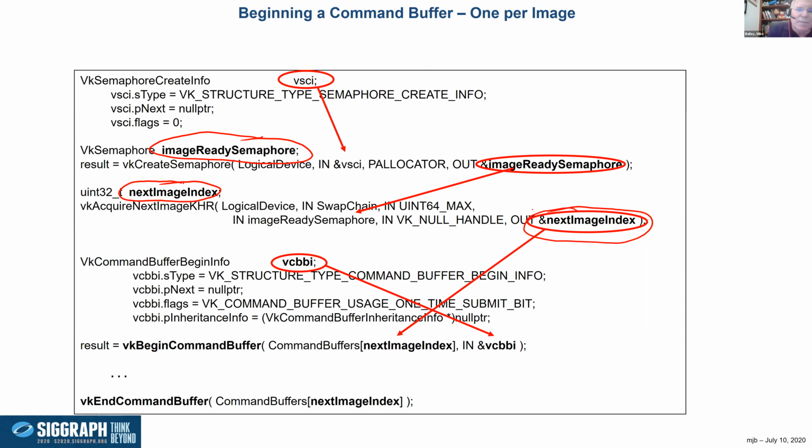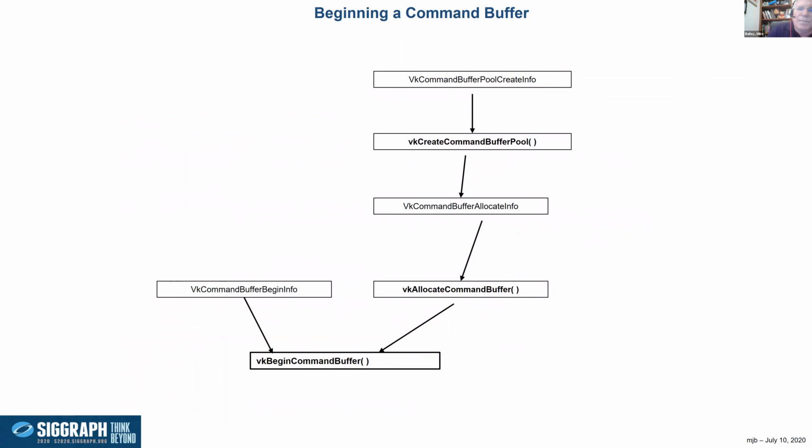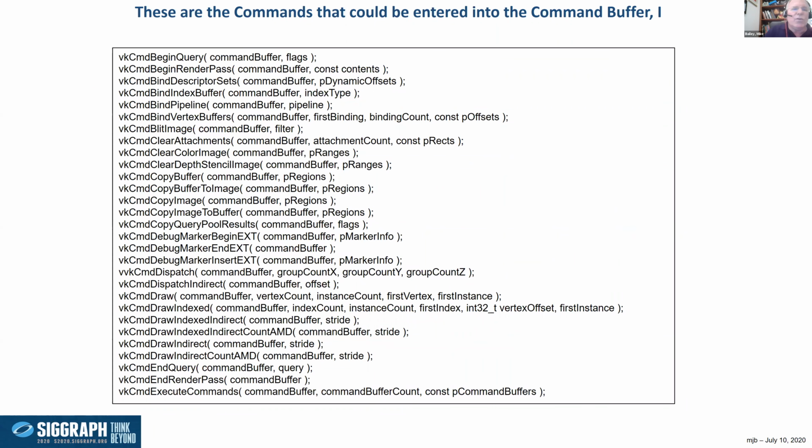And so we figure out which command buffer we need to fill next, and we call VK begin command buffer. We now do a whole bunch of VK command calls in here, and then we end the command buffer. So we have put those commands in the command buffer ready to be submitted to a queue. And so this is what the process looks like. Here are half of all the VK command calls.